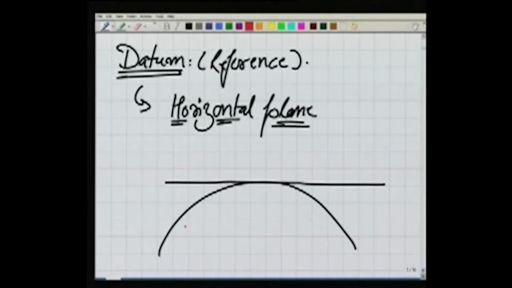If this is the average plane of the earth's surface, and if the earth is something like this, the red one is the surface of the earth.